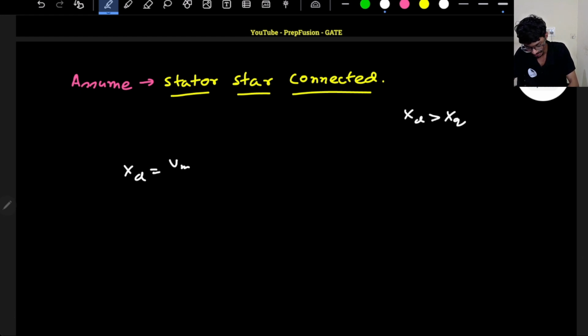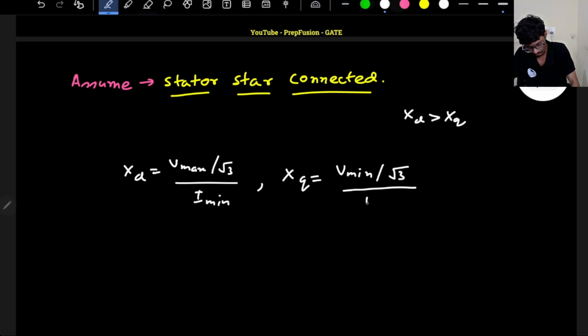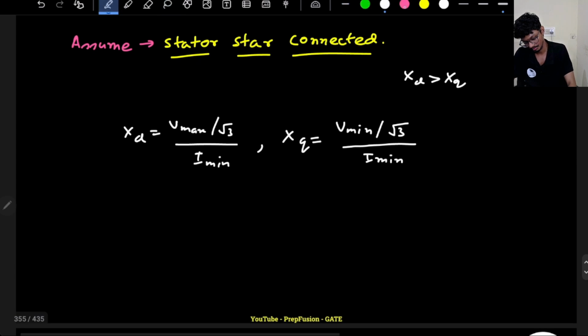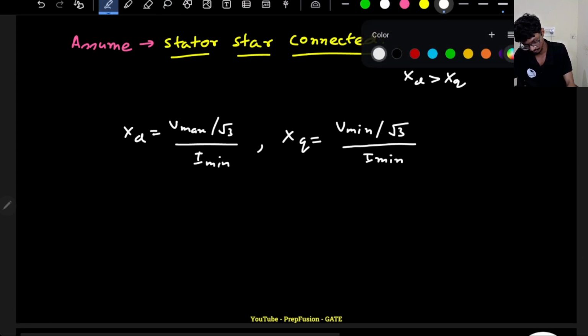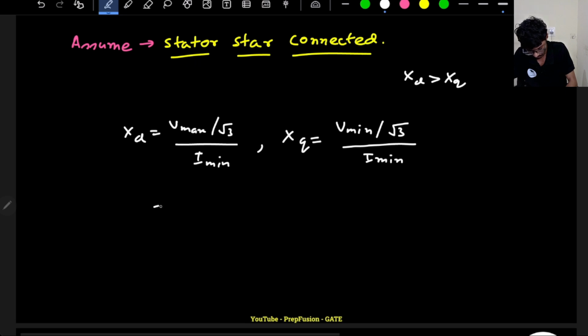So Xd will be V max by root 3 by I minimum, and your Xq will be V minimum by root 3 by I maximum. Xd will be equal to V max.